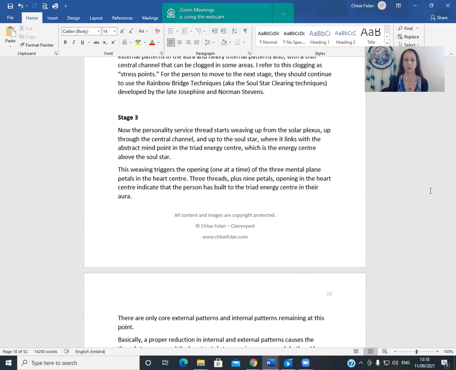The other causation of weaving the service thread, from the solar plexus up through the central channel to link with the triad point, the abstract mind point in the triad: as that thread weaves and thickens, generally speaking, the mundane effect is that it attracts in situations and circumstances and causes meetings with other people that are more in alignment with your service, meaning more in alignment with your life and your work.